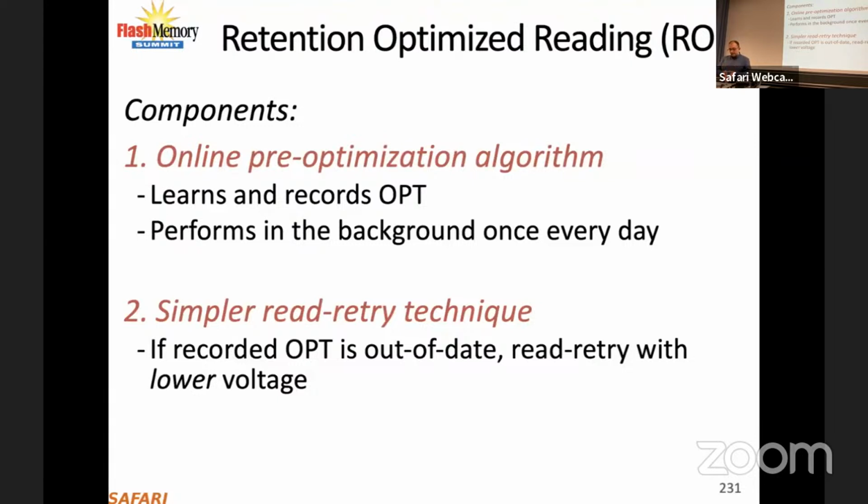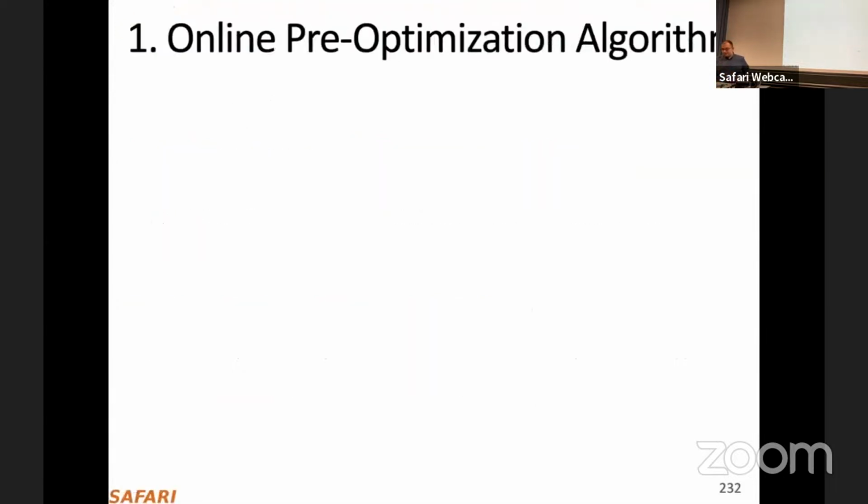But sometimes you cannot rely on it because it's out of date, since you don't update the optimal voltage all the time. You update it once every day in order to reduce the cost.